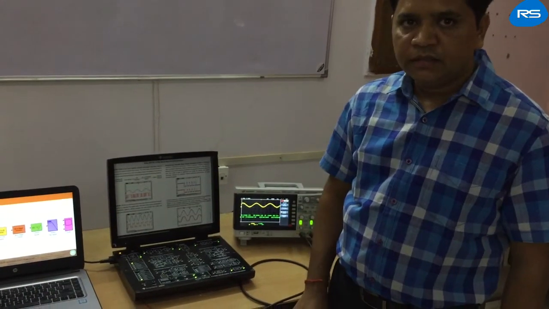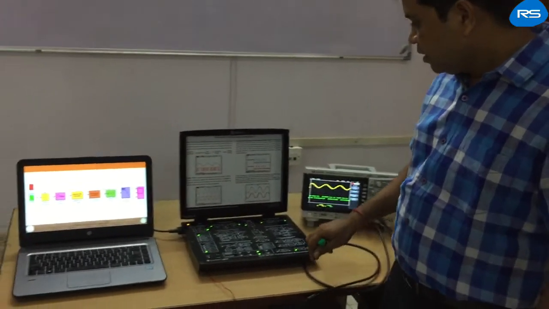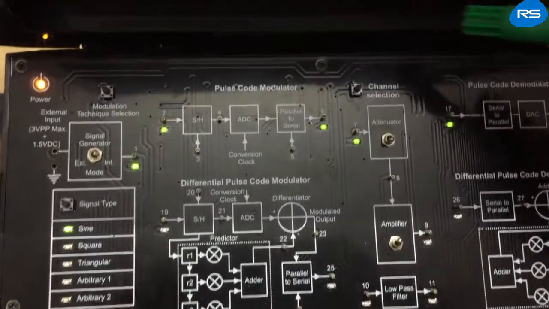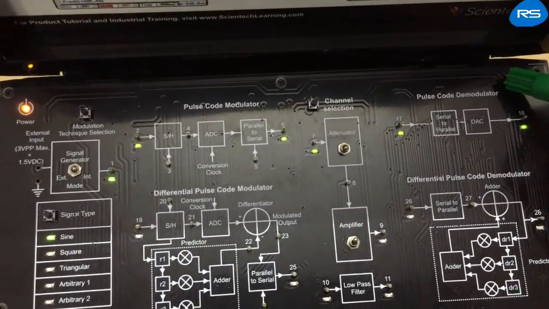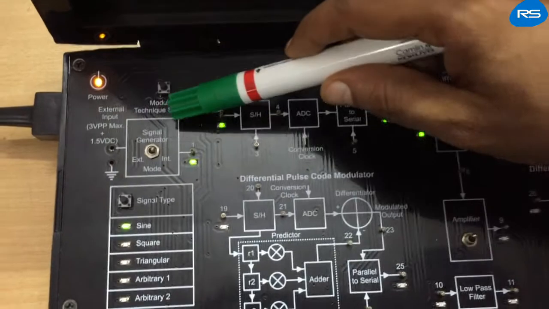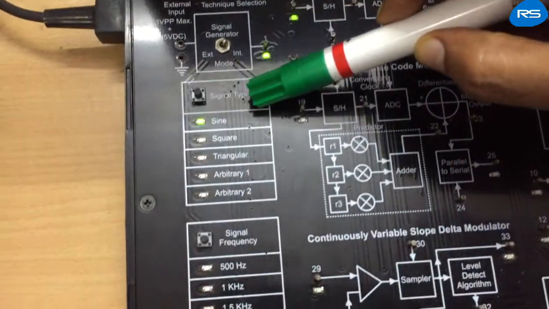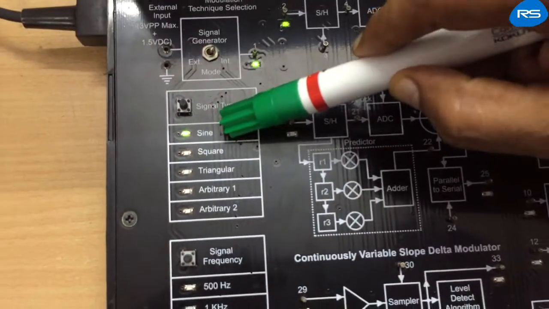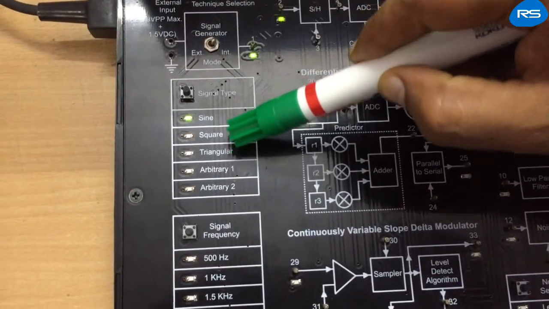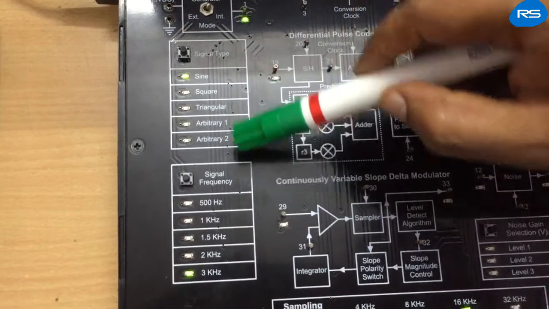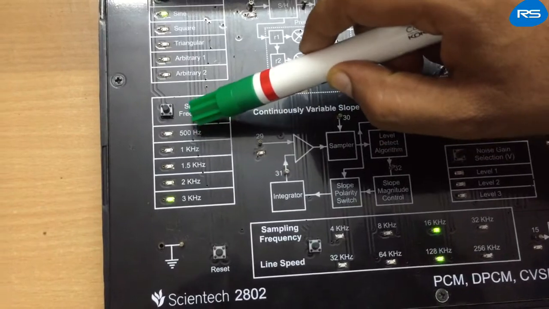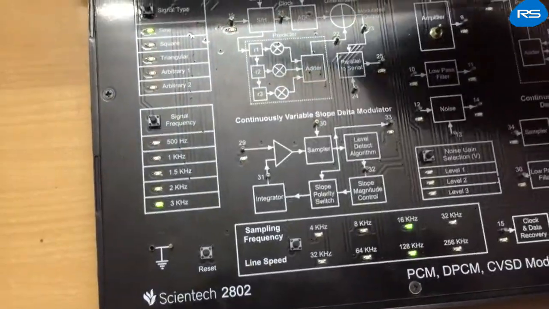Now we will start our experiment. We have a kit. In this kit we have a pulse code modulator block, a pulse code demodulator block, and a signal generator having capability to generate various signal types ranging from sine wave, square wave, triangular wave, and arbitrary wave, and the signal frequency can be varied from 500 Hz to 3 kHz.